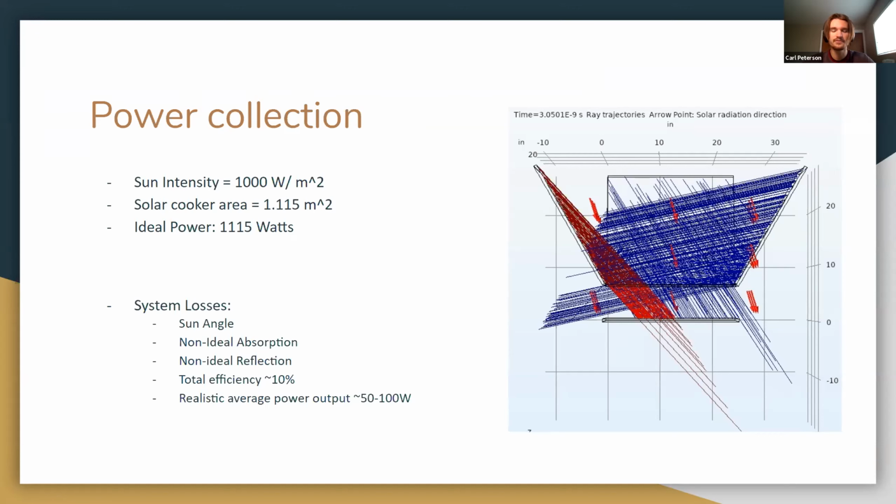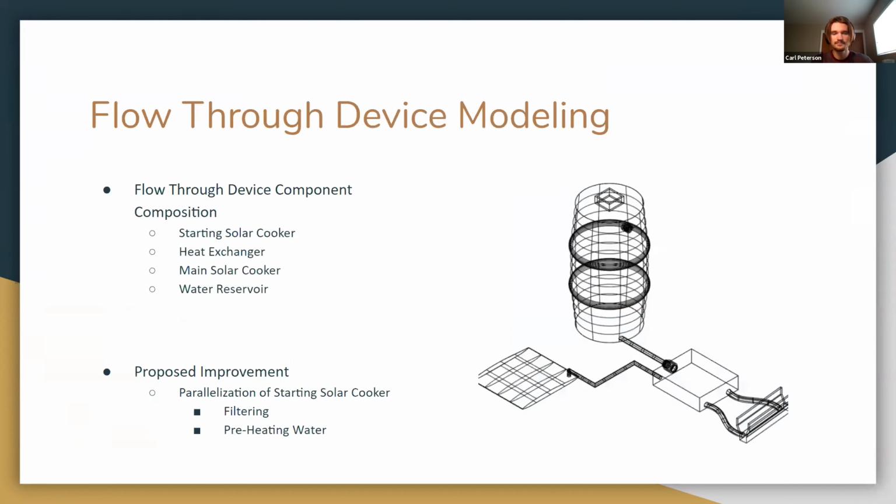The total efficiency, unfortunately, for an average day is around 10%, which is still pretty good and will get us quite a bit of water per day. The realistic average power output is closer to 50 to 100 watts. Now I'll hand it off to Abdullah to talk about each component of the device.